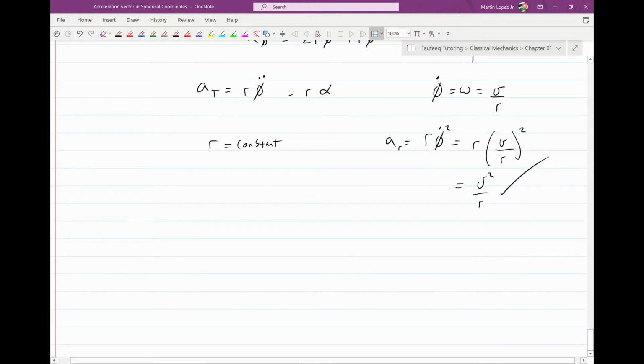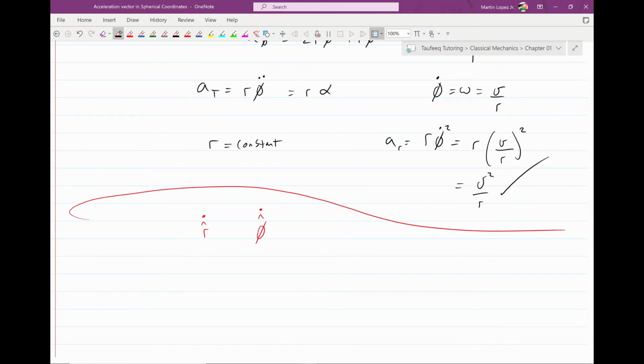What were the two key things that we had to make like a whole little diagram of? That was r hat dot and phi hat dot. Okay? R hat dot and phi hat dot. There's a lot of hats and dots and things get mixed up sometimes.